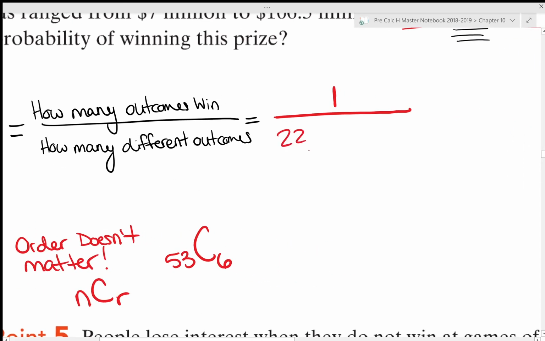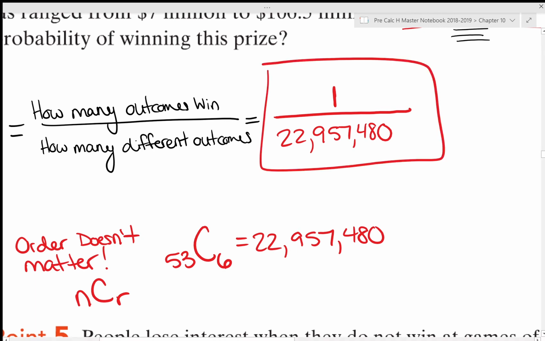So 22,957,480 is what you get here. So out of all those different types of combinations, you only bought one ticket. So your chance of that one actually working is 1 out of that. So you really don't have very good chances of winning this.